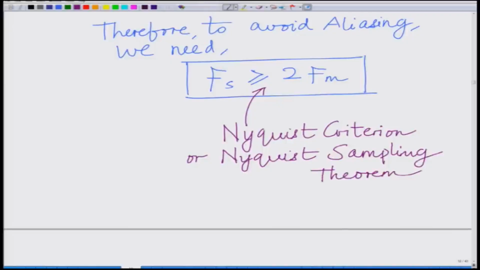This is termed as the Nyquist criterion or the Nyquist sampling theorem, which basically says that to avoid aliasing which arises from the overlap of the shifted spectral copies at the different multiples of the sampling frequency Fs, one has to sample at a sampling frequency Fs greater than twice Fm, where Fm is the maximum message frequency, or you can think of it also as the bandwidth of the original signal.